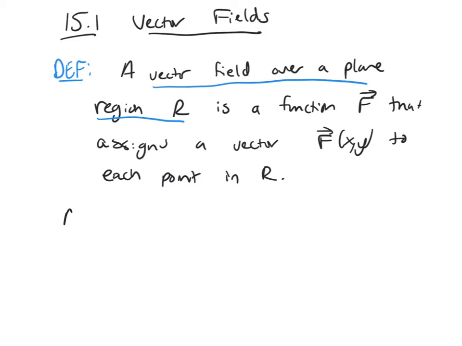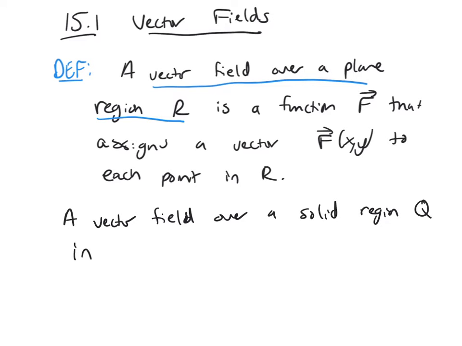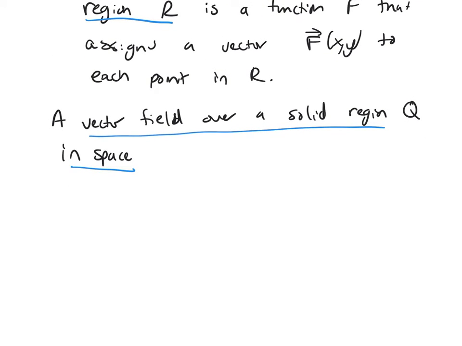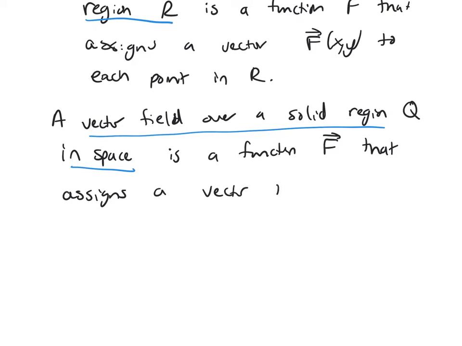So we'll say a vector field over a solid region Q in space is a function, still capital F, that assigns a vector to each point in space.